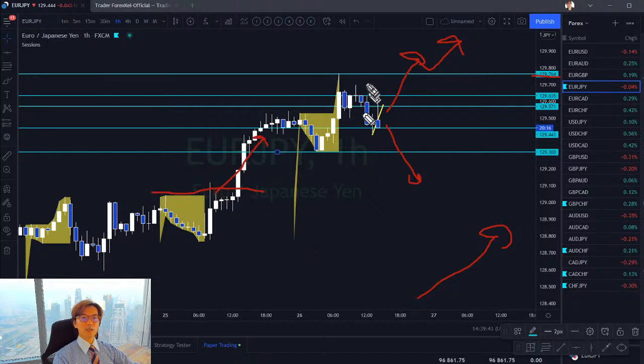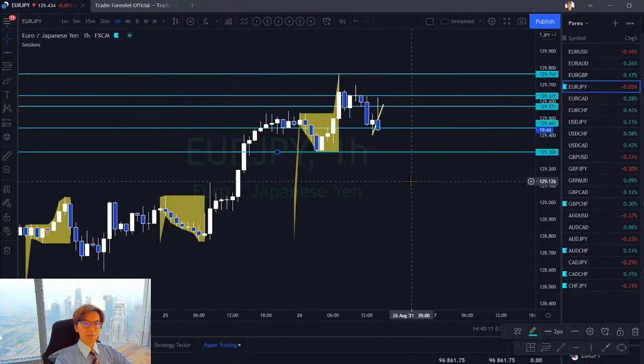So today is a bit of a retrace, but we'll see if the market breaks upwards or not. So we have to follow the major trend direction, and you can capture it by Ichimoku Kinko Hyo. You can start to look at the Kumo and Kijun-sen angles to capture the market direction.